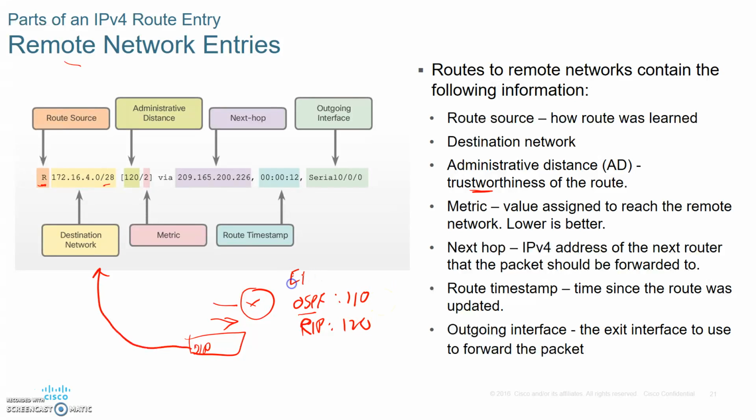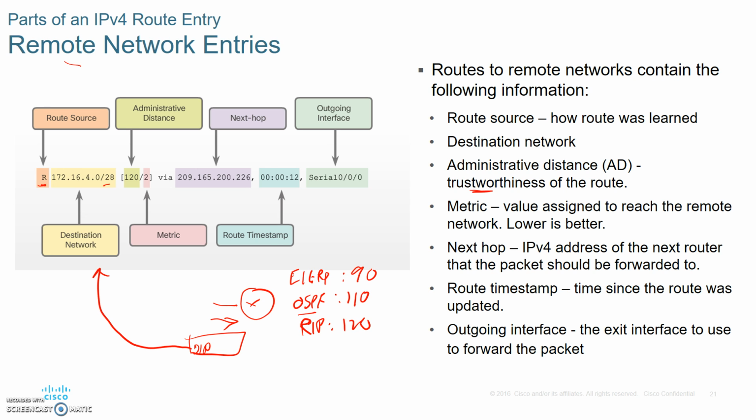If I learn a route to the same network through EIGRP, I will believe EIGRP, because EIGRP's administrative distance is 90.